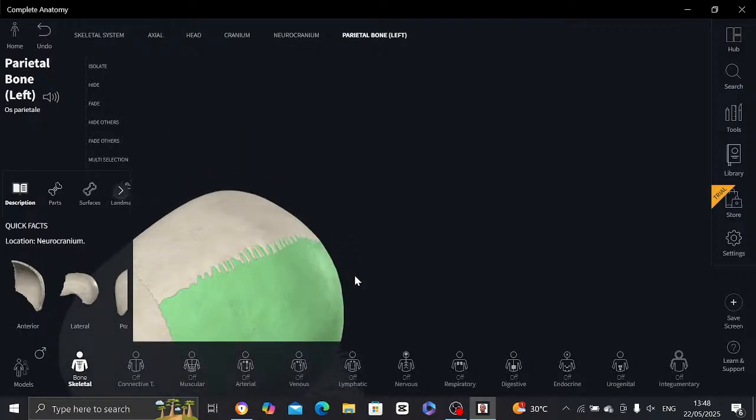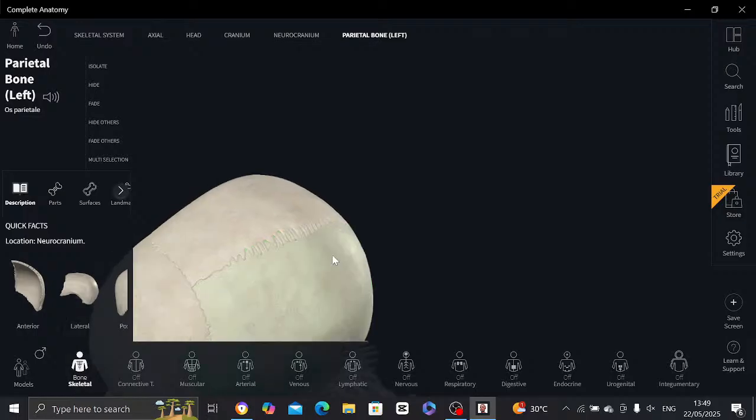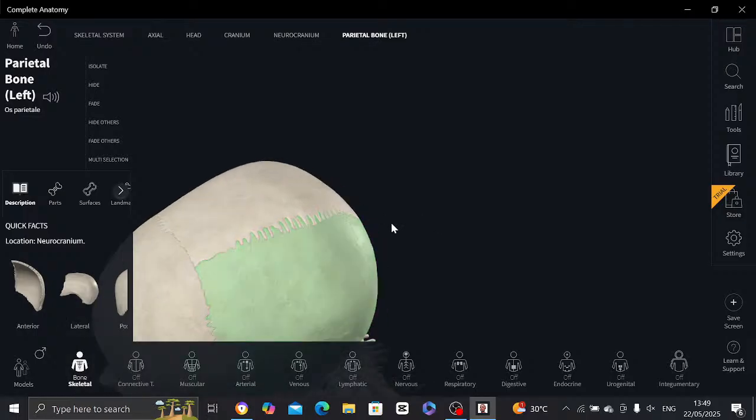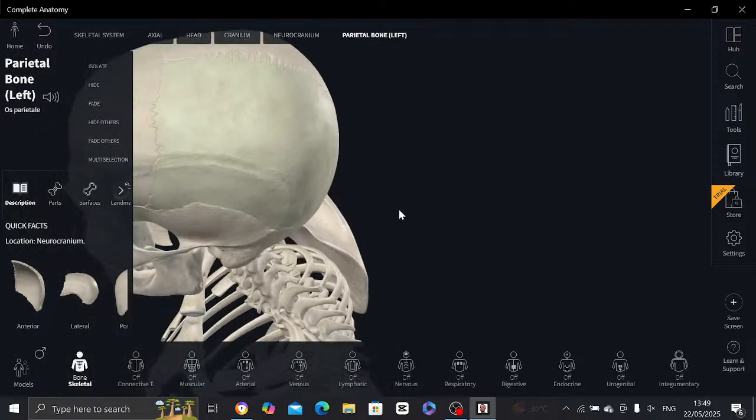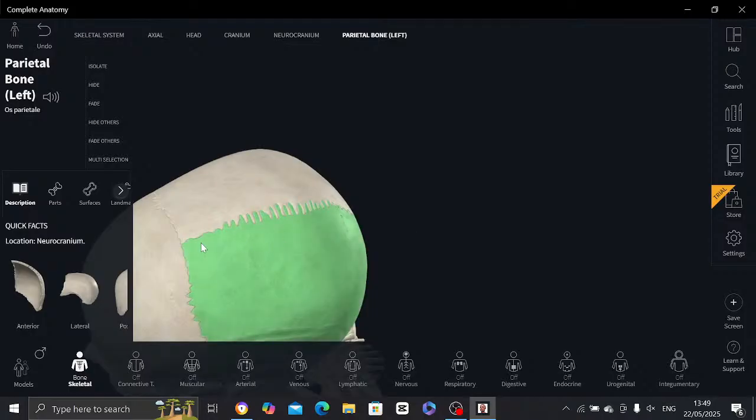Then to the contralateral parietal bone, we have the sagittal suture, running from this portion, which in children forms the anterior fontanelle, because there's a gap here in newborn babies.